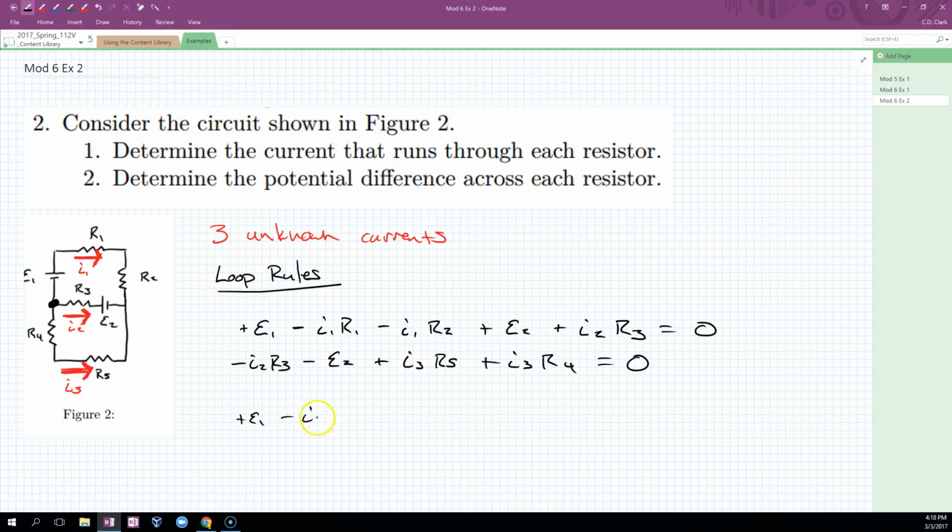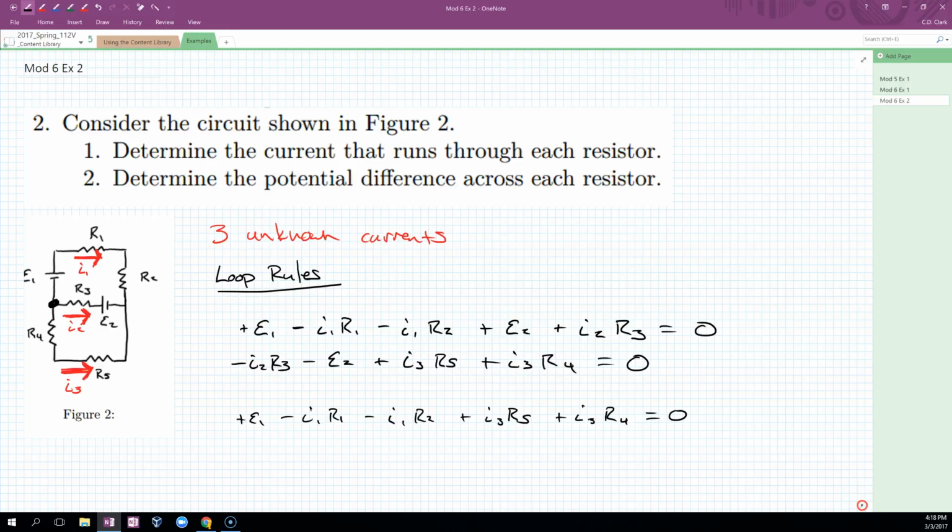Then I would have a drop across resistor 1. I would have a drop across resistor 2. I would have an increase across resistor 5. And I would have an increase across resistor 4. The sum of all potential differences has to be equal to 0.